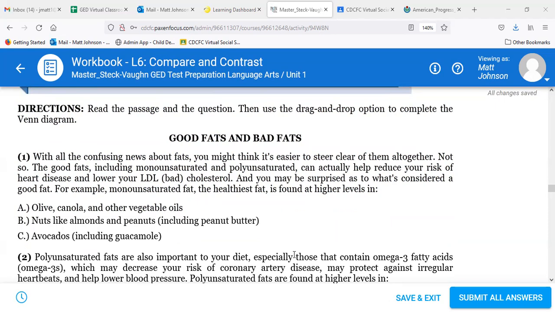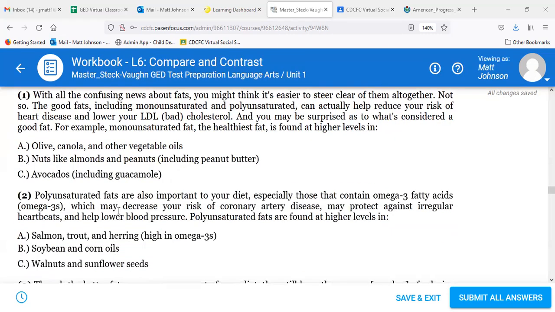Nuts like almonds and peanuts, including peanut butter, and avocados, including guacamole. Polyunsaturated fats are also important to your diet, especially those that contain omega-3 fatty acids, omega-3s, which may decrease your risk of coronary artery disease, may protect against irregular heartbeats, and help lower blood pressure.